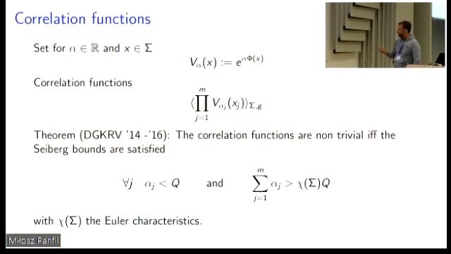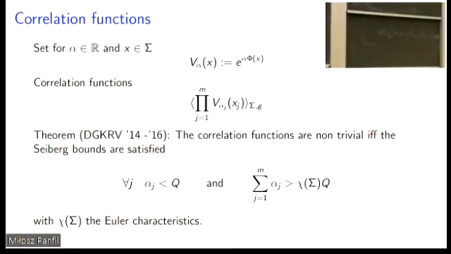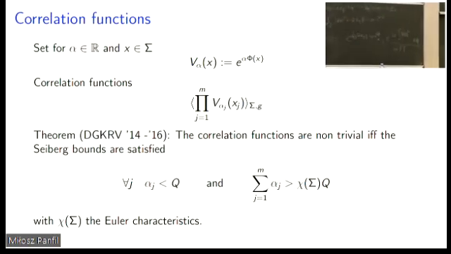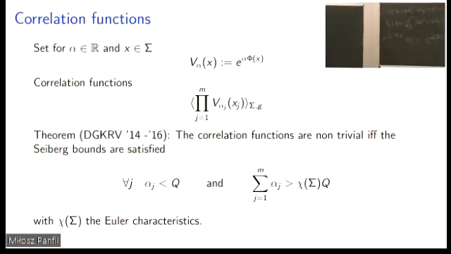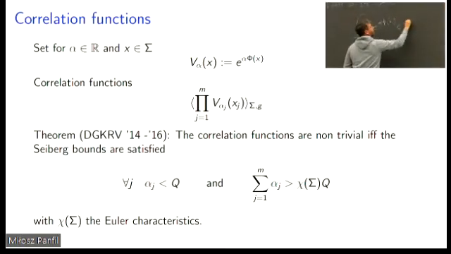Okay, but there's also another issue. If I want to take the correlation functions, I don't want to take just any function of my field. I want to take the exponentials. So I really want to define the integral of the product of exponentials e to the α_i φ of x_i with respect to my action. And the problem is that taking the exponential of the free field at a point is also a problem.